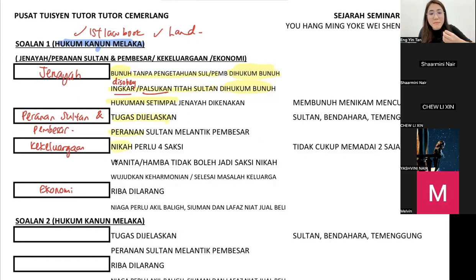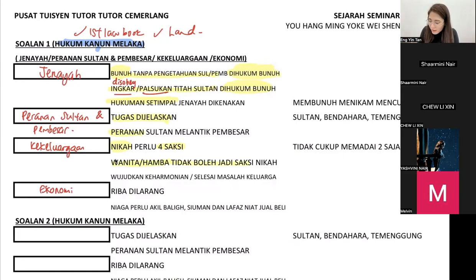So you see, whenever you engage in pernikahan, semasa pernikahan, the engagement, how many witnesses do you need? 4 saksi. Wanita hamba tidak boleh dijadikan saksi. You see, everything is written in the law, meaning everyone needs to follow. So based on the law, you need to have 4 witnesses, meaning 2 for the boys, 2 for the girls. And they say you must choose lelaki.